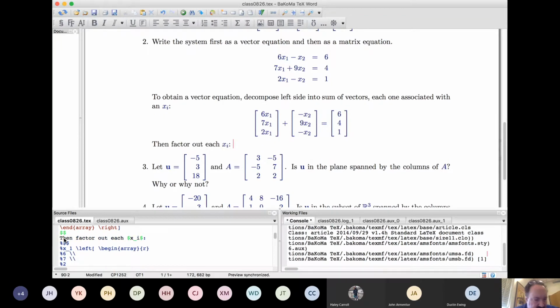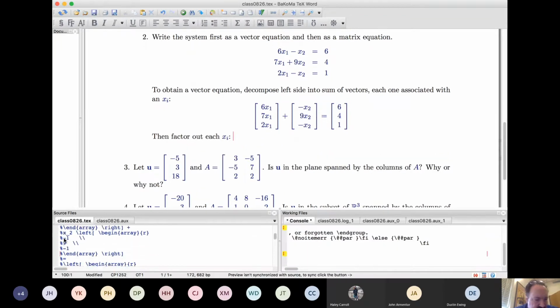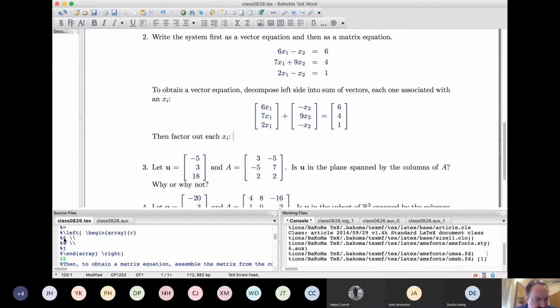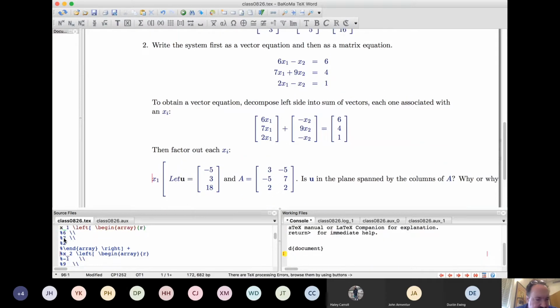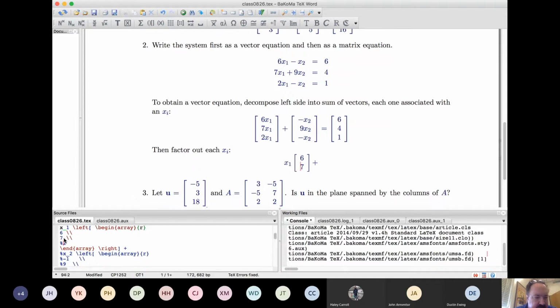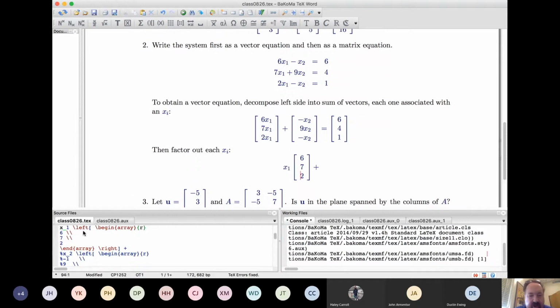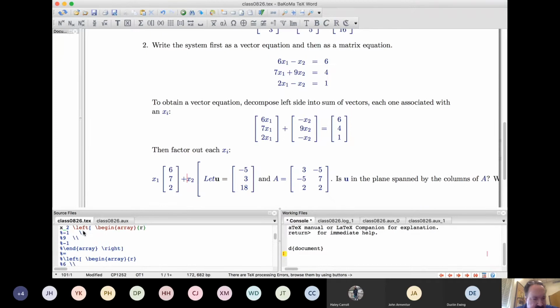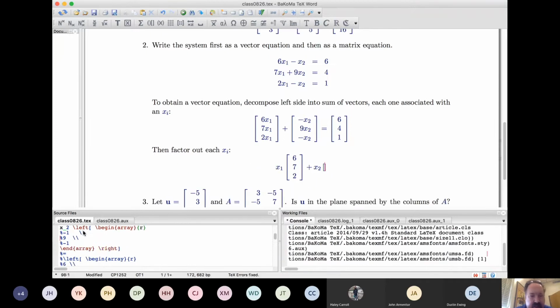Okay, so I'll show you that. First we're going to have x1 on the outside, and its coefficients are what are left behind. And then we pull out x2, and we have its coefficients left behind.